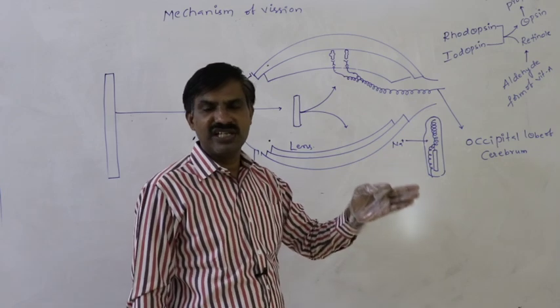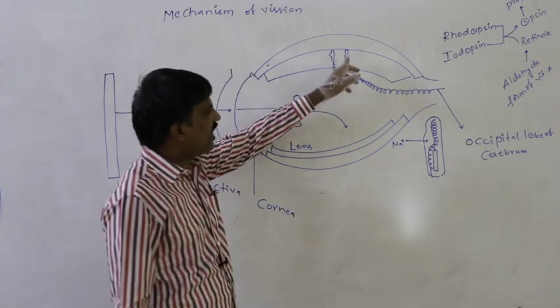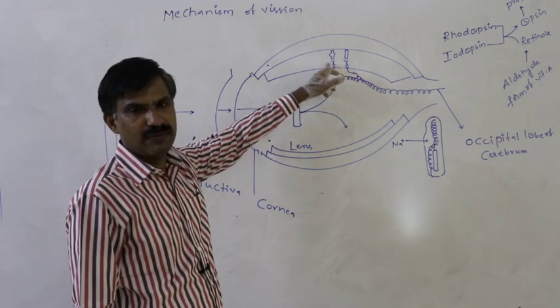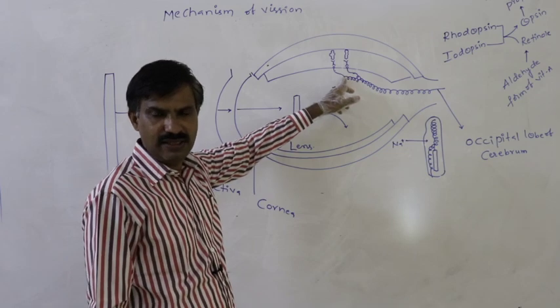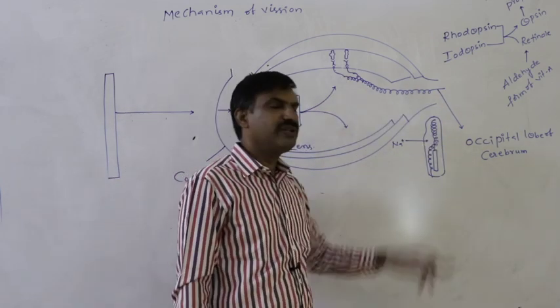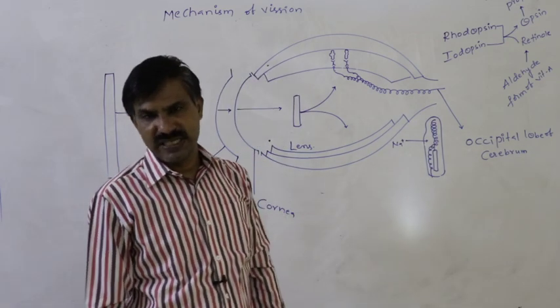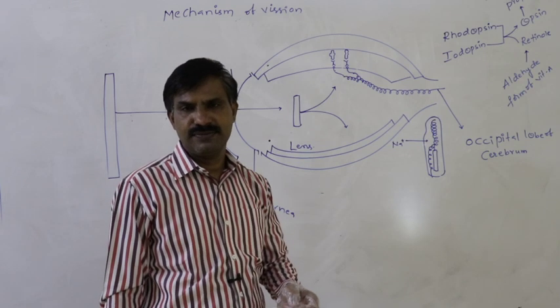That leads to the generation of the action potential later. That action potential is at first conducted to the bipolar neuron, from there to the ganglionated cell, later through the optic nerve, and it reaches the occipital lobe of the cerebrum, where visual centers are present.